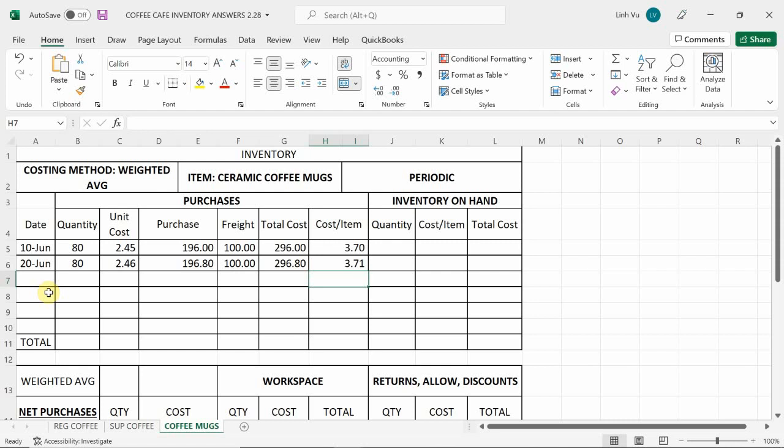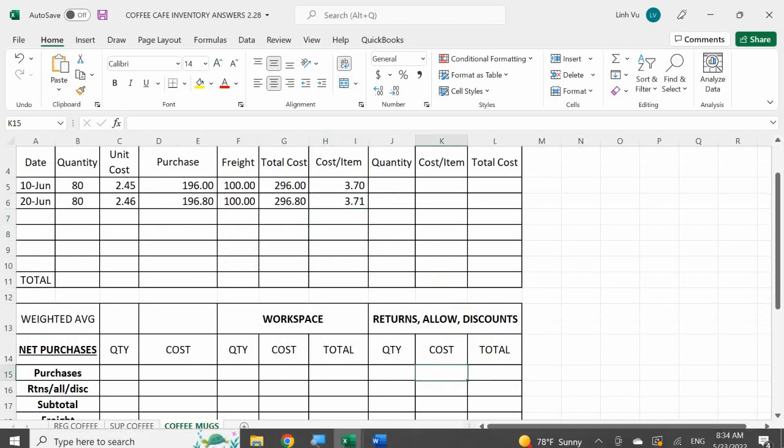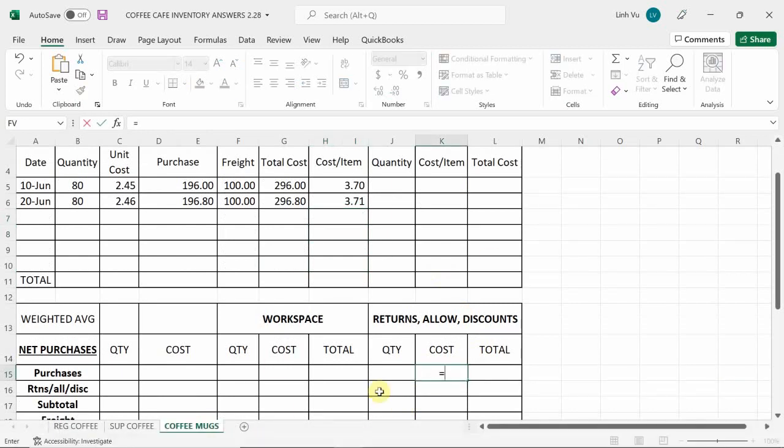On June 20th, we purchased 80, and it counts as each one at $2.46. But if we just want to return 4, we only count for 4. So we know that it cost me $2.46 each, and you want to return 4 of them.